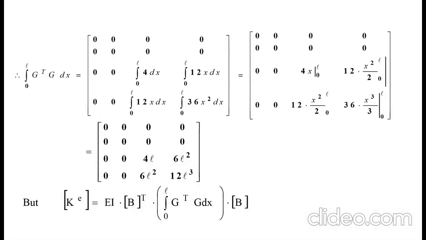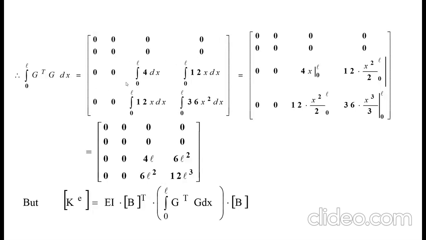After getting the GᵀG value, now we integrate it with respect to x over the limit 0 to L. The first values will be 0, 0, 0, 0, and the second values also 0.